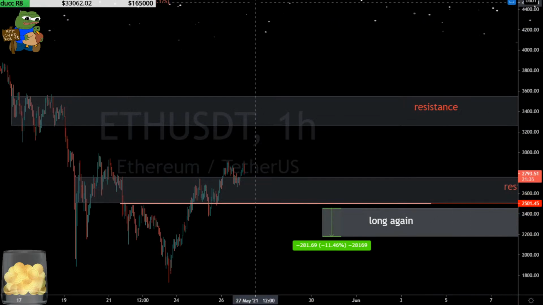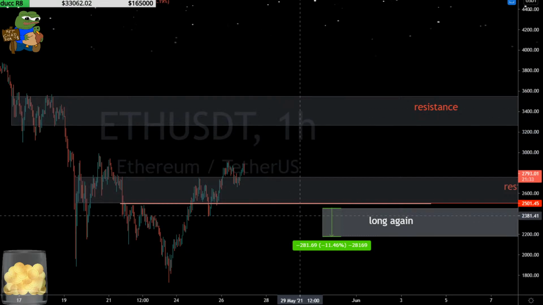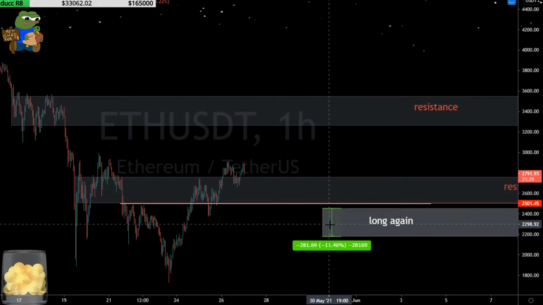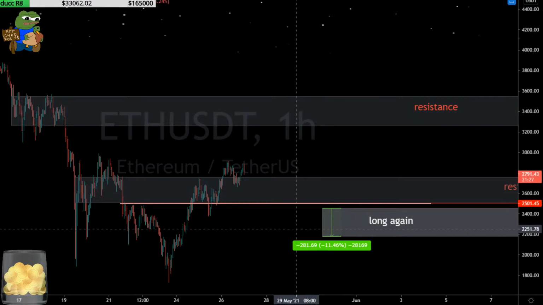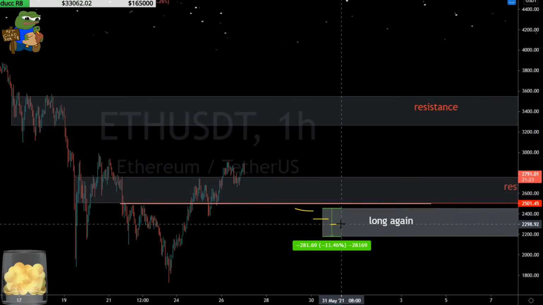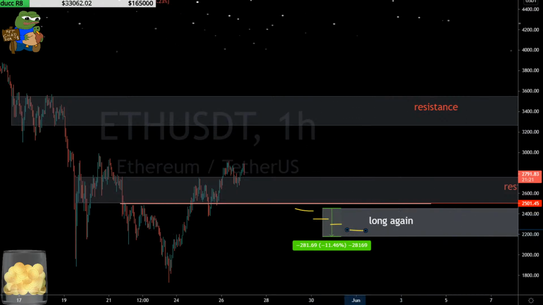Again, you're gonna follow Bitcoin, so we had identified a target area between 2450 and 2200. You'd be looking to layer into this zone and see if you could fill some bids, if you get a little bit of a sell-off here overnight. This is low time frame stuff. It's not gonna last forever.